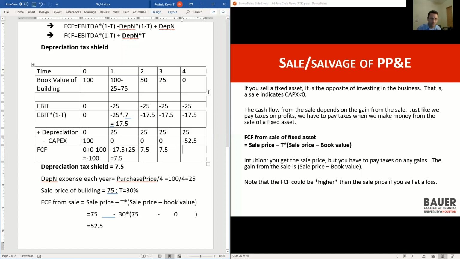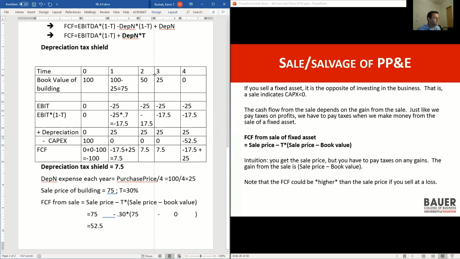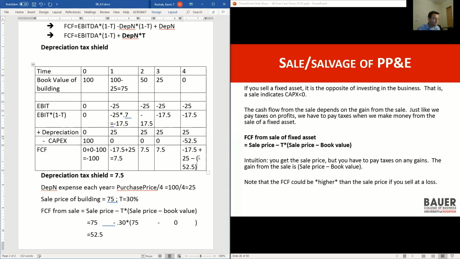Okay, so let me just walk through that piece by piece. What's EBIT times 1 minus T? It's minus 17.5. Then we add the $25 in depreciation. And then we subtract CAPEX, but CAPEX is negative. It's a negative 52.5.